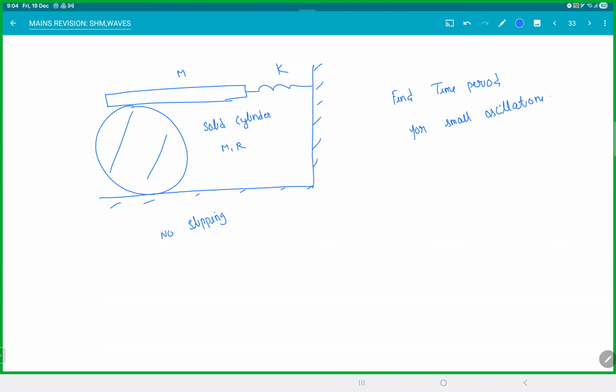Let the cylinder move by x. You don't know what to do? You always start like that only. Let the cylinder move by x. Draw the FBD. Start.